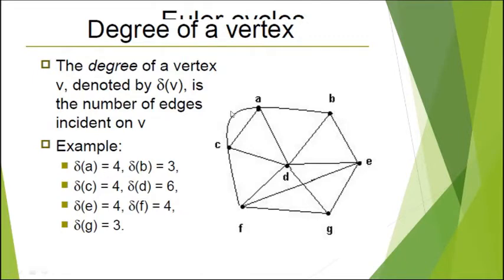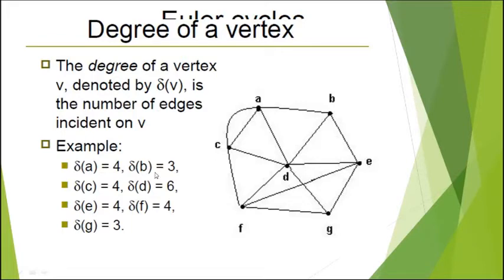Why? Because we have 4 edges: 1, 2, 3, 4. That is how many connections it has. Next, delta B, we have 3. This is vertex B, we have 1, 2, and 3.